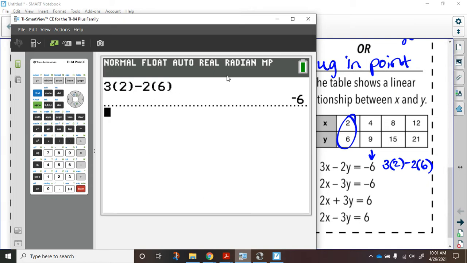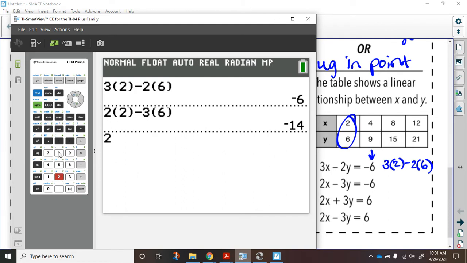So I'm going to go through and double check these just to make sure that none of the other ones give me the same answers. So for the second one, we have 2 times 2 minus 3 times 6. That's negative 14, so it can't be B. Then 2 times 2 plus 3 times 6.